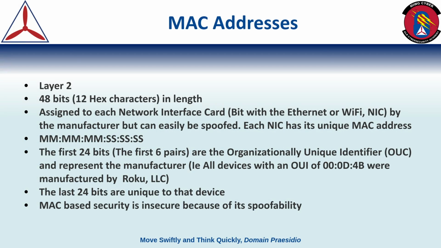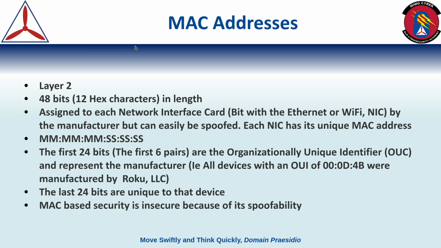Alrighty. So let's talk a little bit more about MAC address. If you remember, MAC address is on the second layer, layer 2, and you can think of it as a computer's fingerprint. Every MAC address for every device is unique to that device and that device alone.